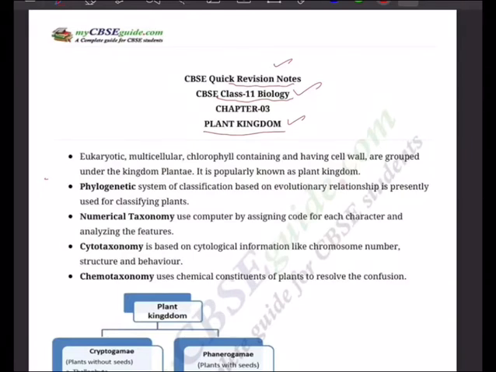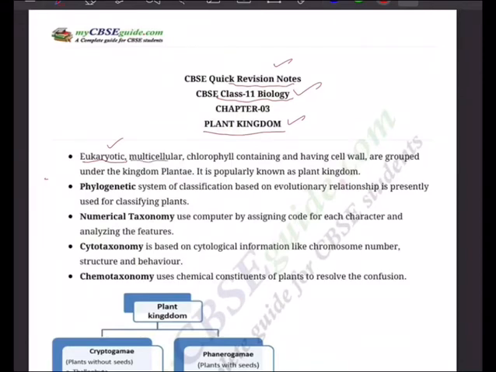It is eukaryotic. Karyon means nucleus. Eu means very clear, it's a Latin word. Eukaryotic means organisms having cells inside which a very clear-cut nucleus is seen, and nuclear material like DNA, RNA will be inside the nucleus. This is eukaryotic.